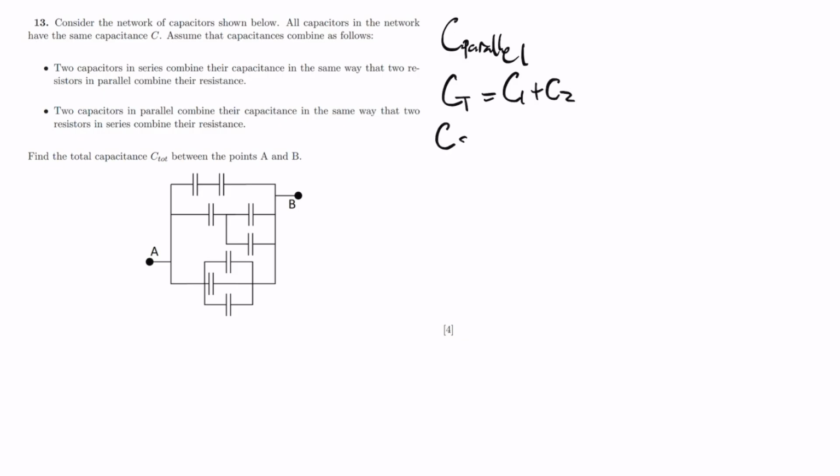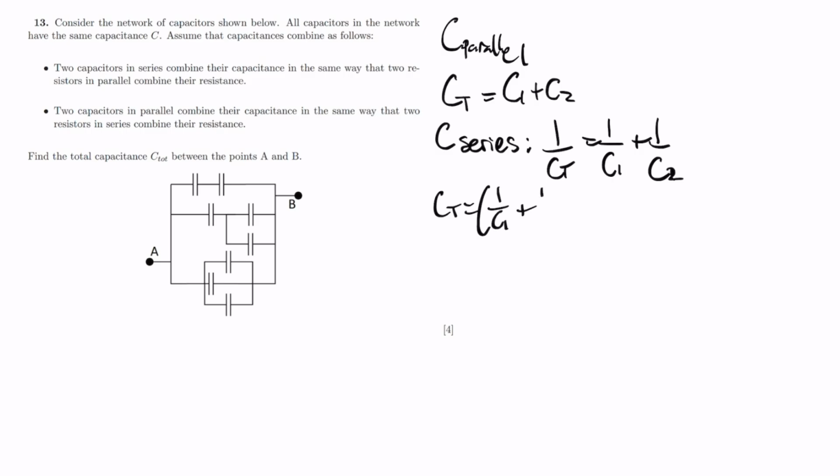If the capacitors are in series, then 1 over C total is equal to 1 over C1 plus 1 over C2. The way I typically write this is that C total is 1 over C1 plus 1 over C2, raised to the power of minus 1. So they add up the same way as resistors, but opposite.